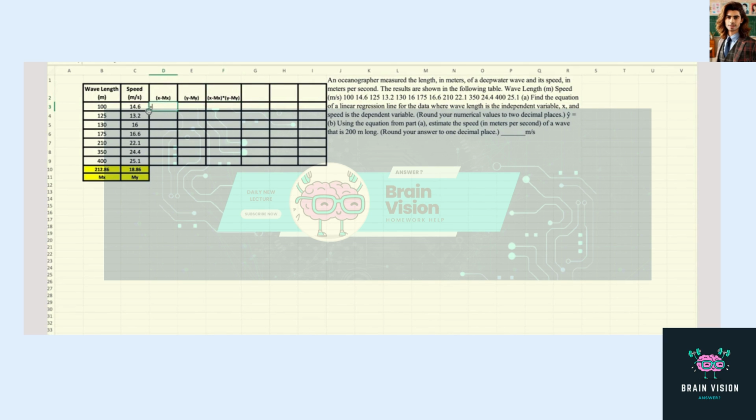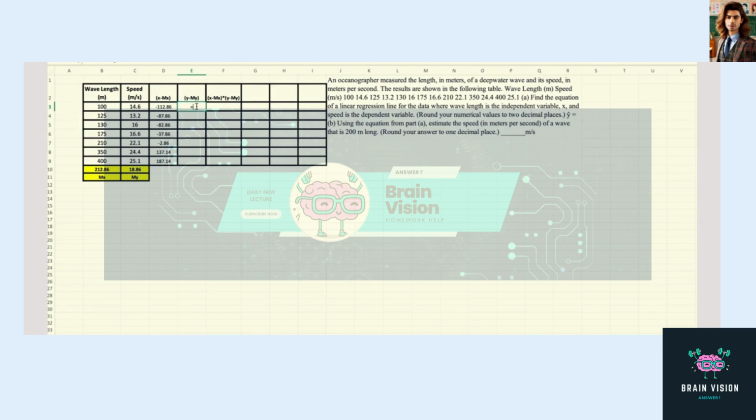I'm going to take all of these x values and subtract them from the mean of 212.86. I'm going to drag this down because it will do it for each one of the values. It'll find the difference between each one of these values and the mean.